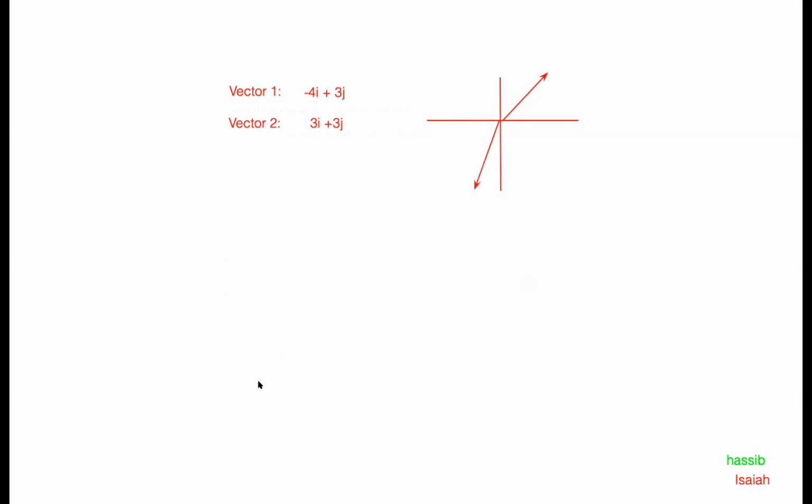So -4 plus 3 is -1. And then would it be I or J? Those are I components, so it should be I. Yeah. And then 3 plus 3j is 6j. And that's literally all there is to it for adding vectors algebraically.